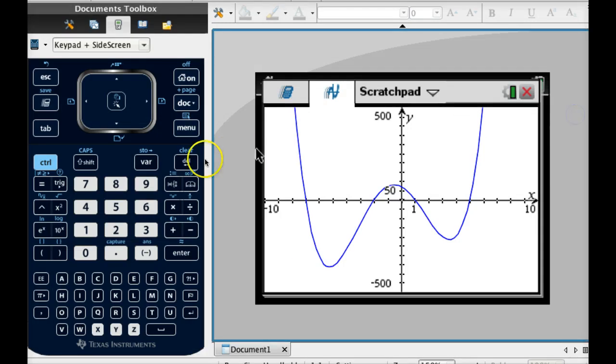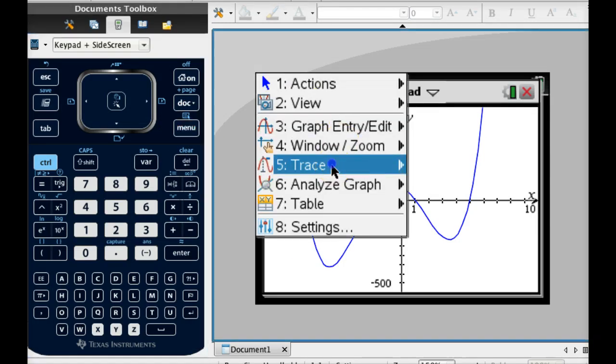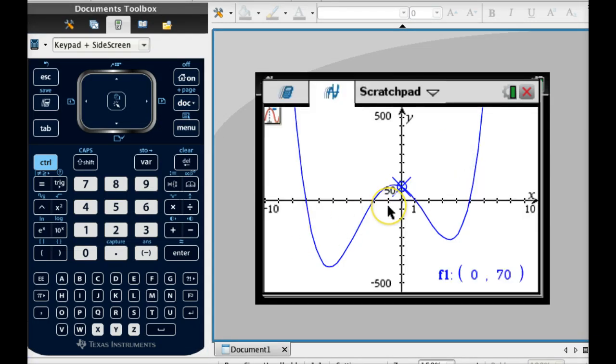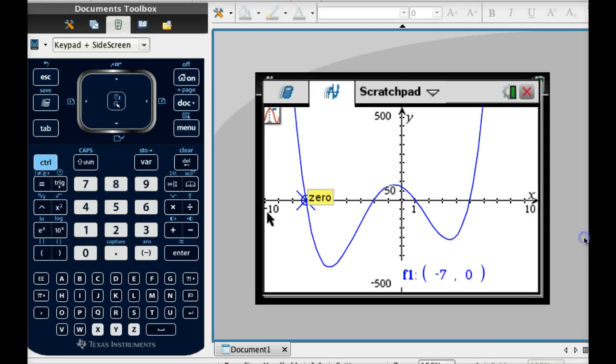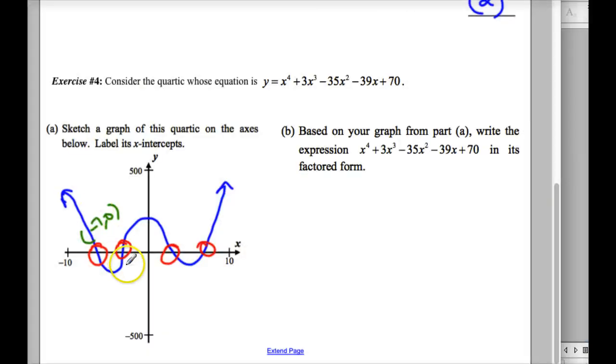So again, we go to Menu, Trace, Graph Trace. See where it starts me off? So I'm going to come all the way to the left, and what's that point? So this first point is negative 7, 0. Let's find the second point. Keep it going. We don't care about that. This is what we care about. So it's negative 2, 0, and I want to label this as negative 2, 0.